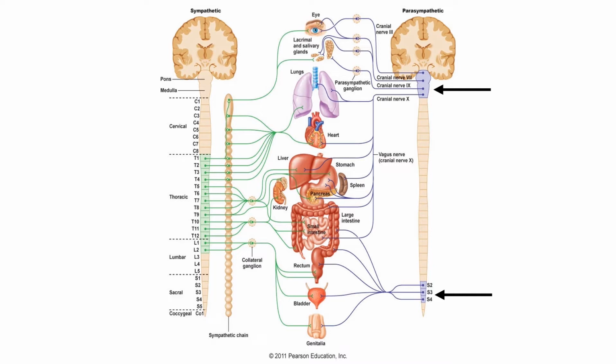So the parasympathetic system is craniosacral, and you know by now that the sympathetic is thoracolumbar.